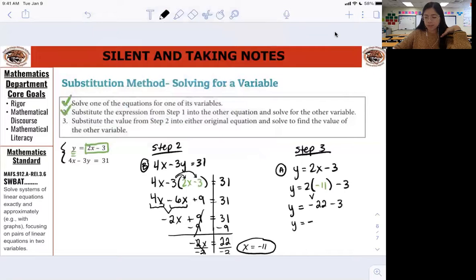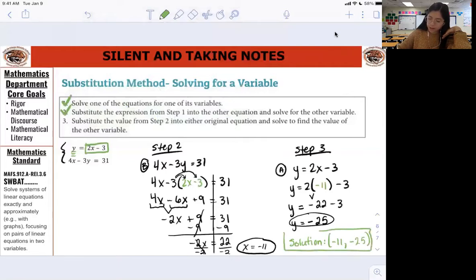That's going to be negative 25. Final solution is negative 11 comma negative 25. My two lines, when I put them on a graph, will intersect at negative 11 comma negative 25. There we go. That is my answer for problem E.